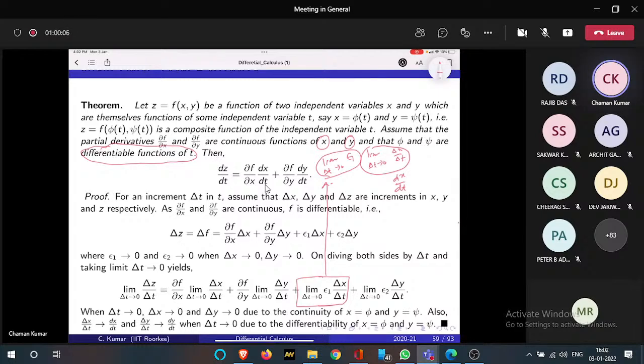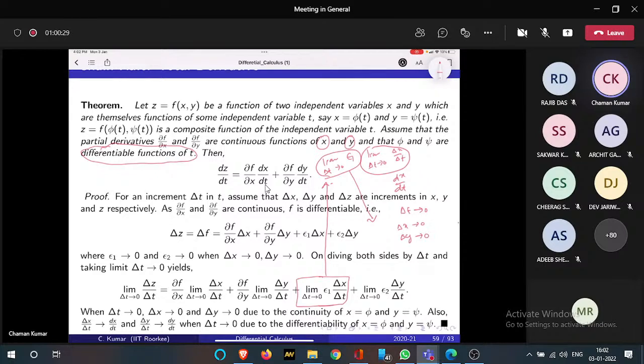Now the limit as delta t goes to 0 of epsilon 1 goes to 0. Why is it so? Because if delta t goes to 0, delta x will go to 0, because x is a continuous function of t, and similarly delta y will go to 0, because y is a continuous function of t.